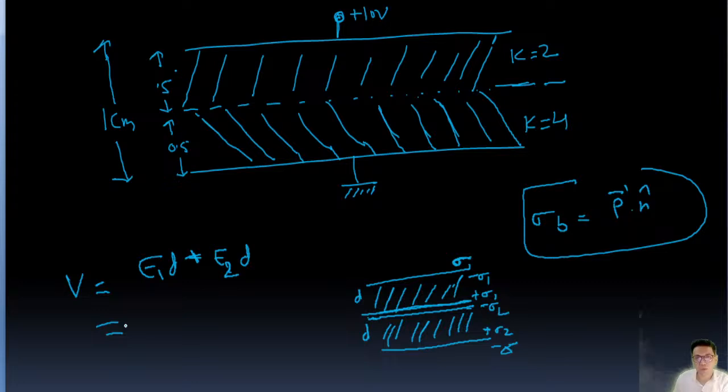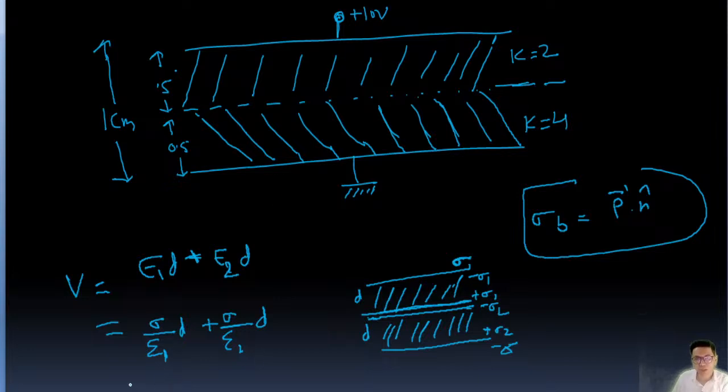V equals sigma upon epsilon 1 D plus sigma upon epsilon 2 D. At any point, there are two parallel plates, capacitor or two charge sheets, and in between the electric field is sigma upon epsilon. If it is vacuum, then sigma upon epsilon 0. So there's a dielectric, that's why this is sigma upon epsilon 1 between this and between this.